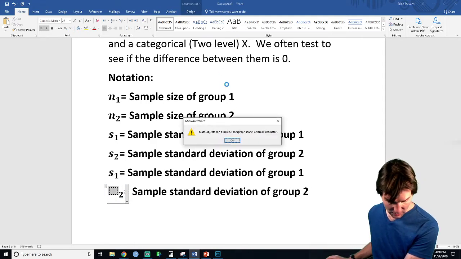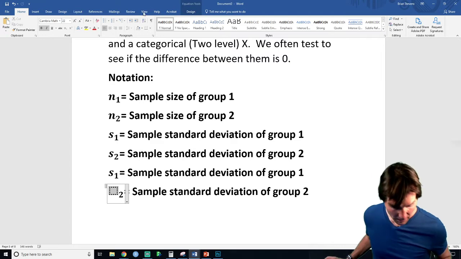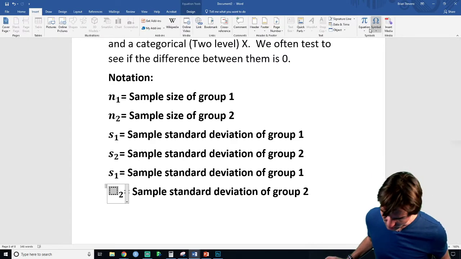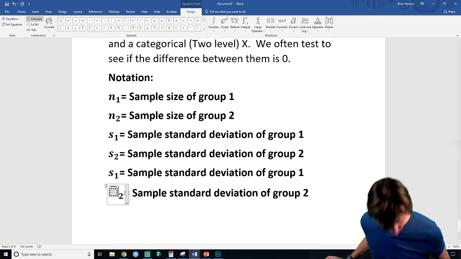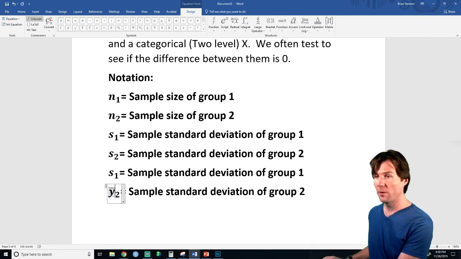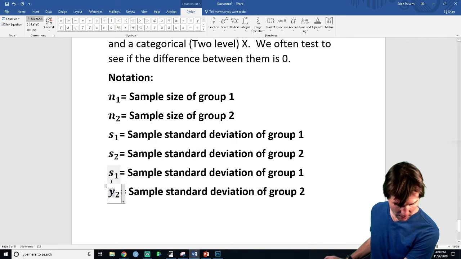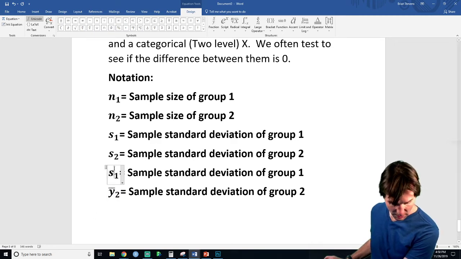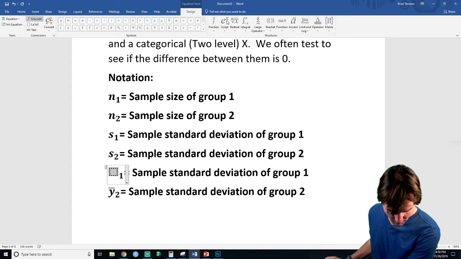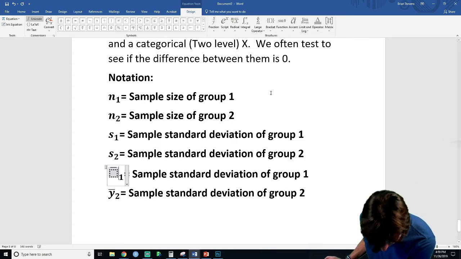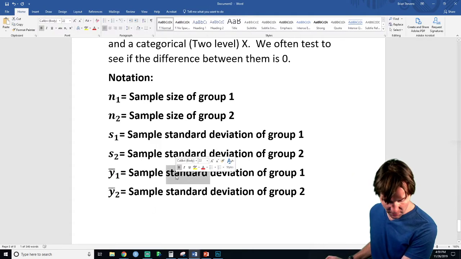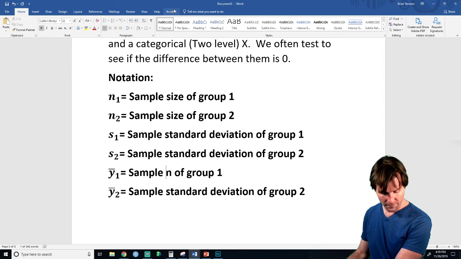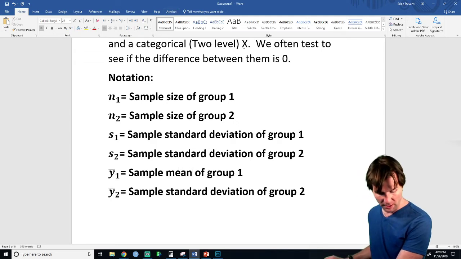Let's go to insert, equation, and drop in our y bar. This is going to be the sample mean of group 2, and this one right here is going to be the sample mean of group 1. We need to remove these standard deviations, and we're almost done.